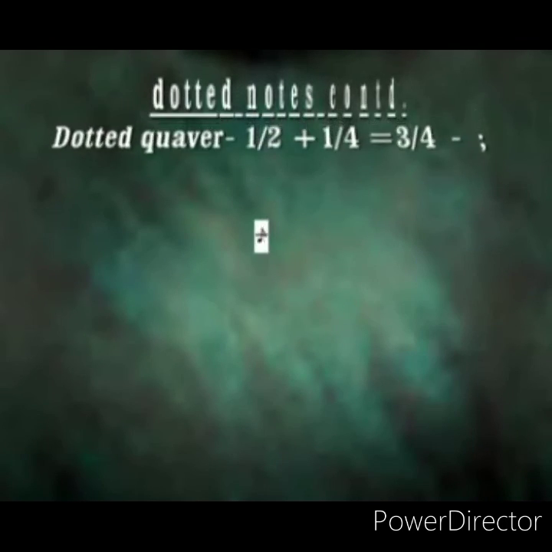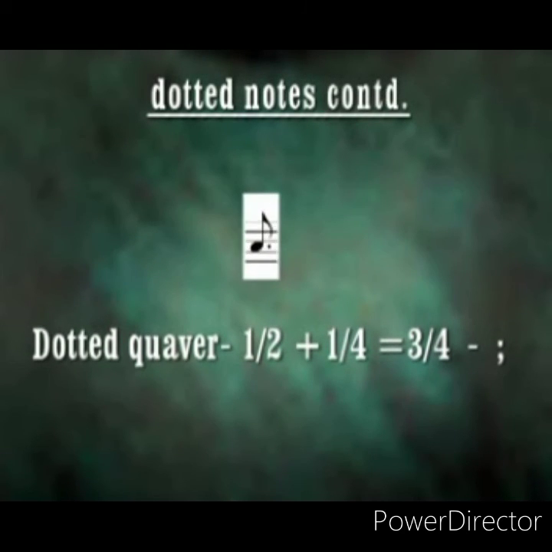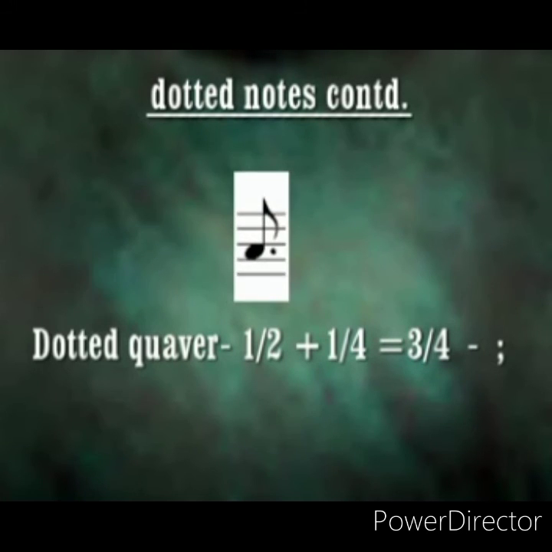We are moving to more examples on dotted notes. A dotted quaver this time around is a quaver that has a dot beside it, and the value of a dot is half, and half of a half is a quarter.